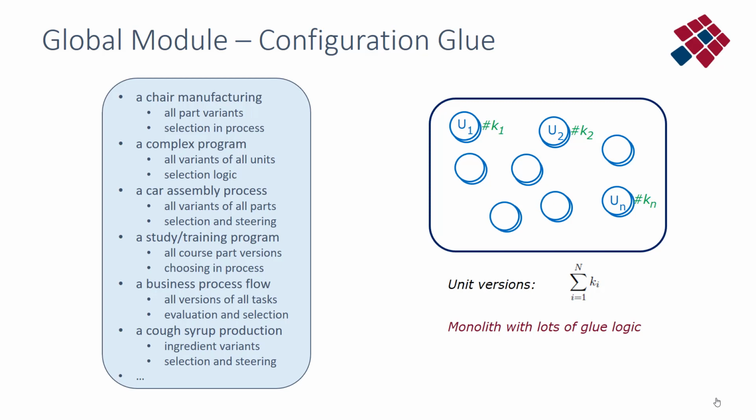We would have a single chair manufacturing system where all the variants of all the parts could be accommodated, and during the manufacturing, during the process, there would be a selection. We could have a complex program where all variants for all processing units, computation units would be present in the program, and we would have selection logic to select the appropriate variant everywhere, and so on for the other examples.